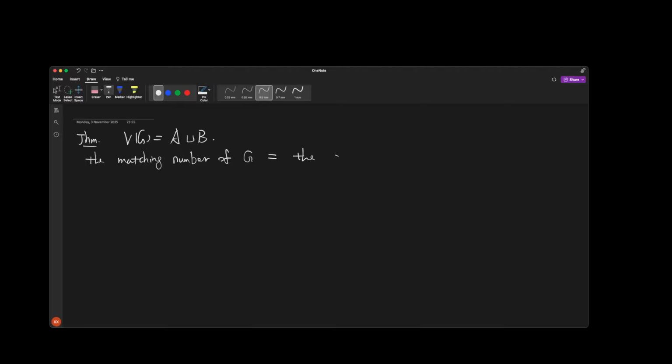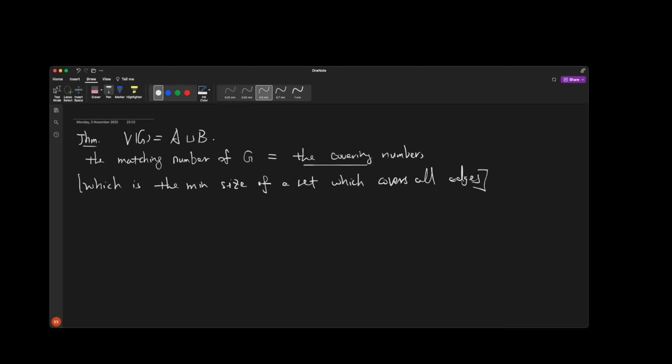We can define this as the covering number, which is the minimum size of a set which covers all edges. This is an informal definition. So we are trying to prove this identity.